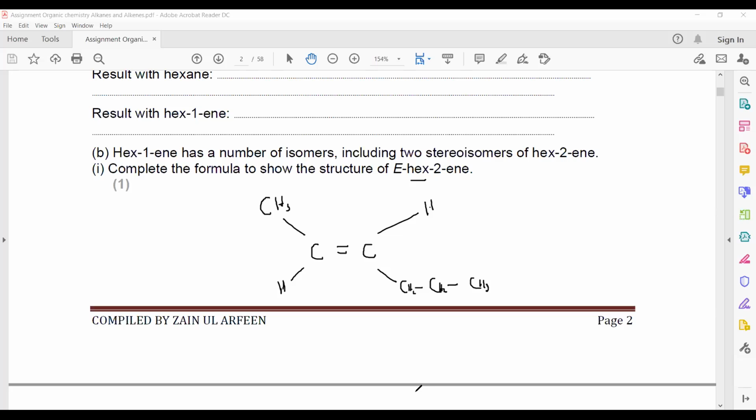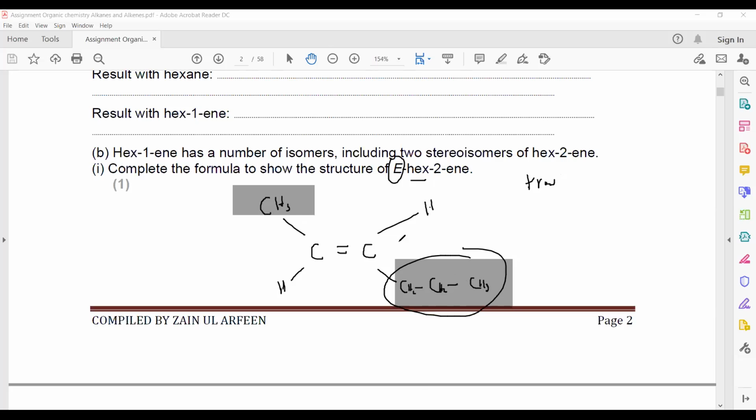The geometrical isomer of E-hex-2-ene. E means the heavy groups should be on different sides. So when we compare hydrogen with CH3, CH3 is heavy. When we compare CH2, CH2, CH3 with hydrogen, CH2, CH2, CH3 is heavy. But I cannot say this is trans. Why can I not say this is trans?